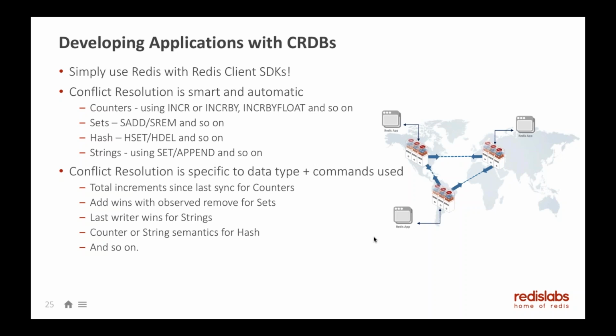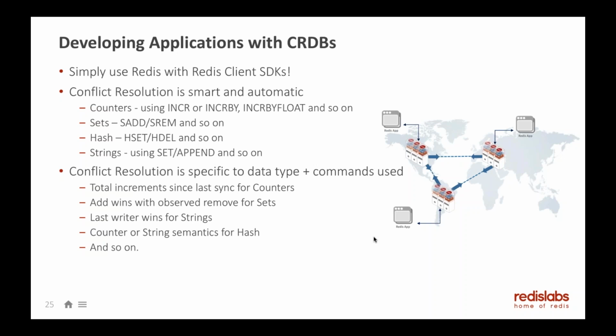Fundamentally, the communication among these data types, each data type and its methods, really drive how we resolve conflicts when they happen, based on the methods that developers call. So sets resolve conflicts differently than hashes, and strings use a different set of techniques. Using the specific data type and the specific methods infers to us what exactly you were trying to do.